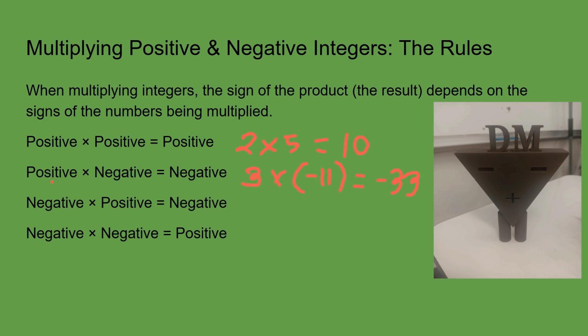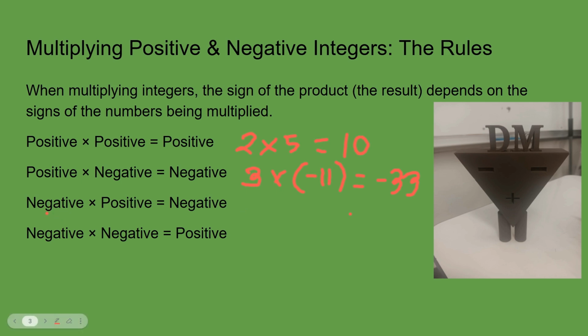Because following the rules, 3 is positive and negative 11 is negative, so we will have an answer of negative 33.